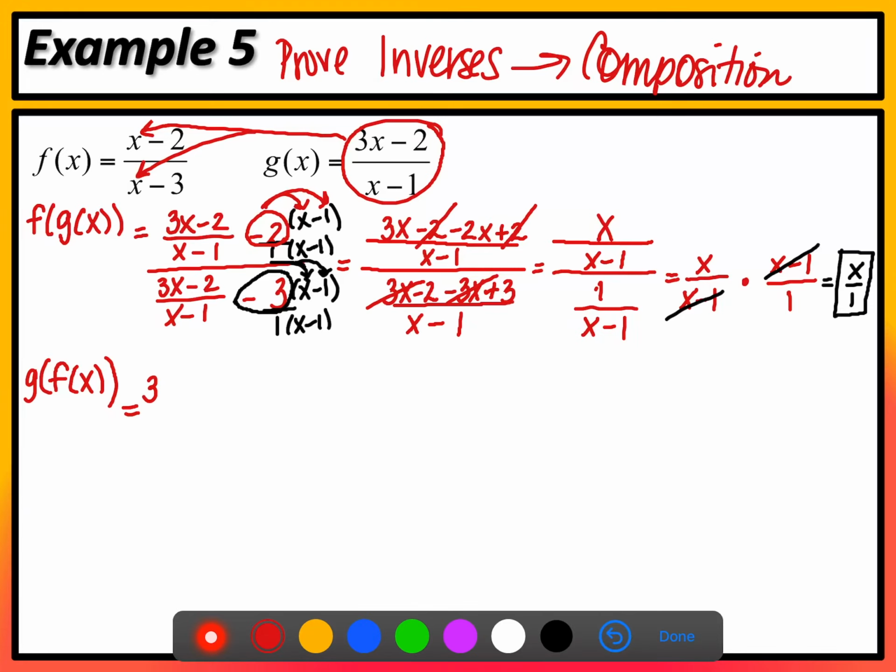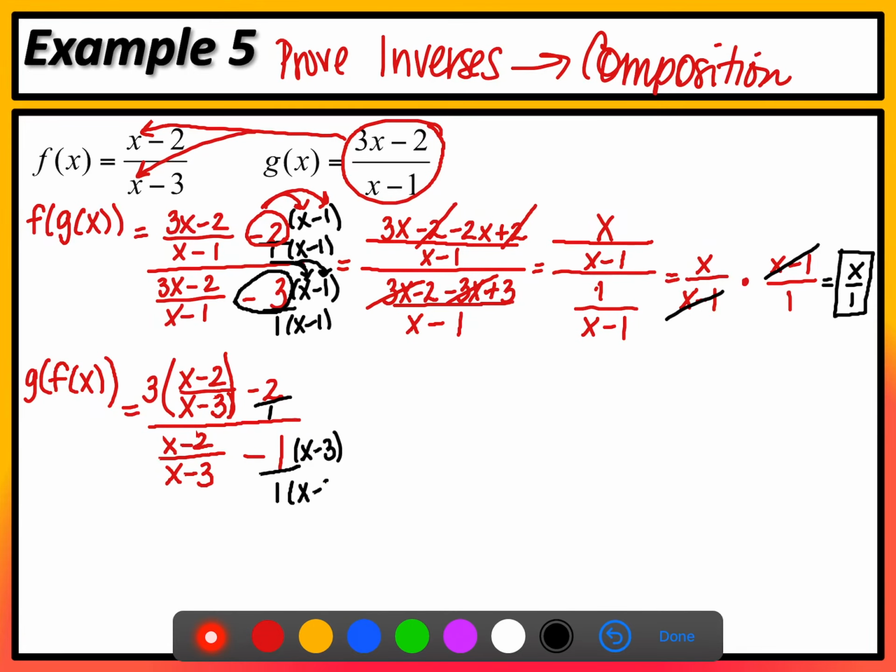Actually, sorry, I want to do that differently. All right, so there's my numerator. Okay, so I can already tell I'm going to need common denominators. I'm going to put these guys over 1. Okay, I'm actually going to do the bottom first this time, just because it looks easier to me.